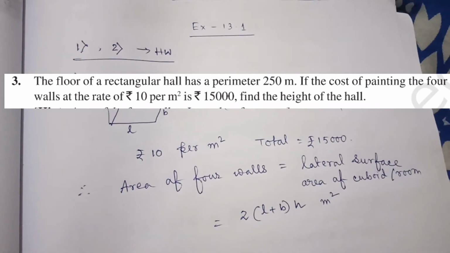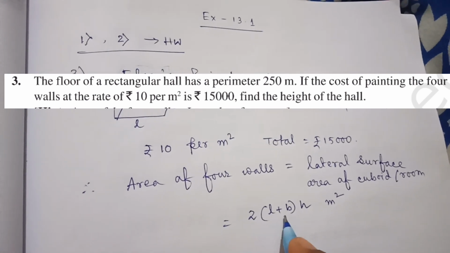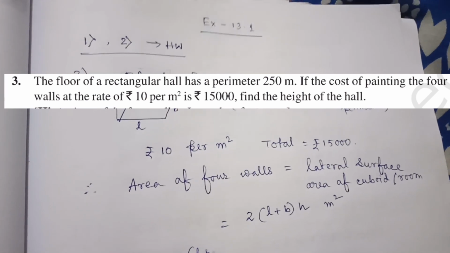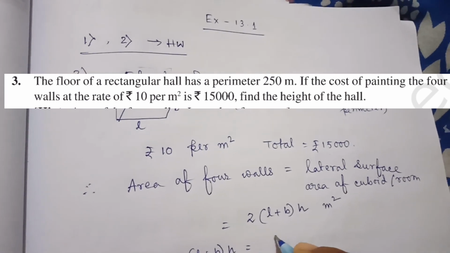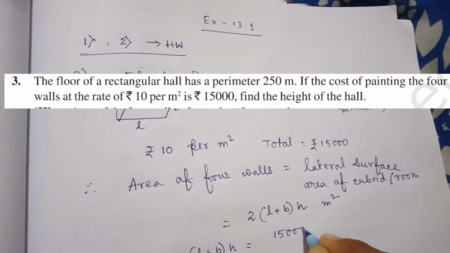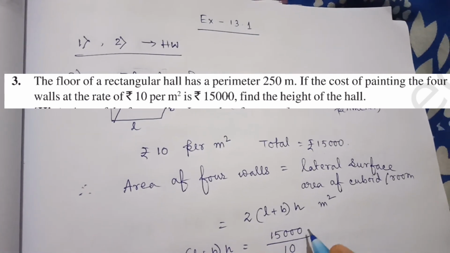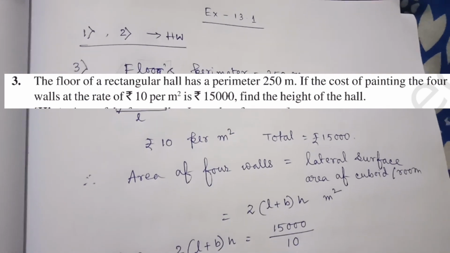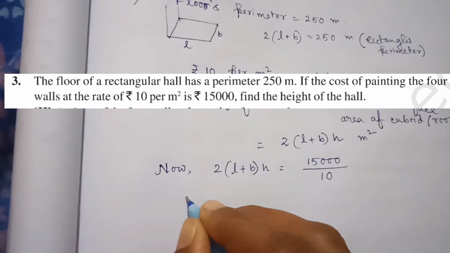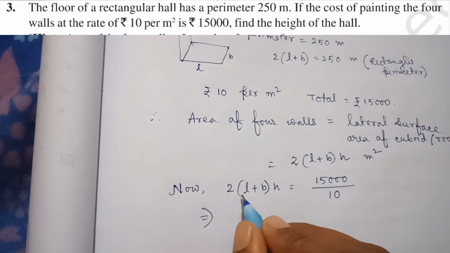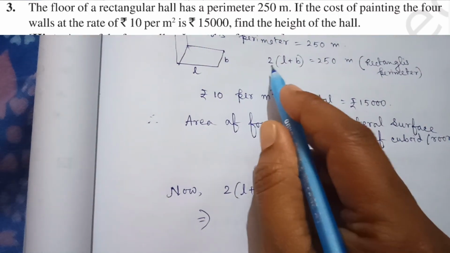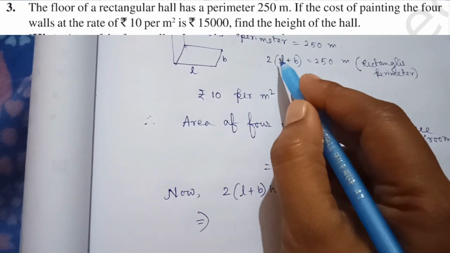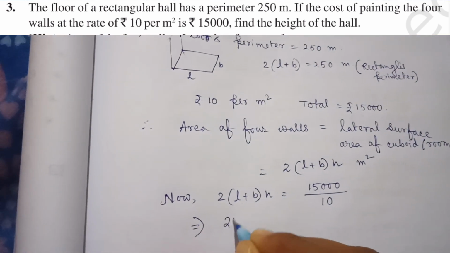Now this 2 into (L plus B) into H will be 15,000 divided by 10, because this quantity is the area of 4 walls. So 2 into (L plus B), this part's value we already have from the question, that is 250.